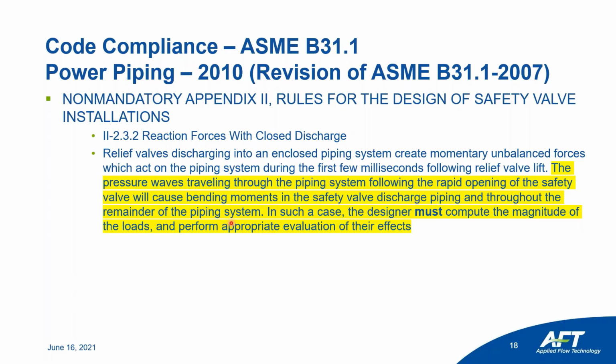In such a case, the designer must compute the magnitude of the loads and perform the appropriate evaluation of their effects. So the code requests you to analyze how the relief valve opens and the effects of the pressure wave traveling when the relief valve opens.